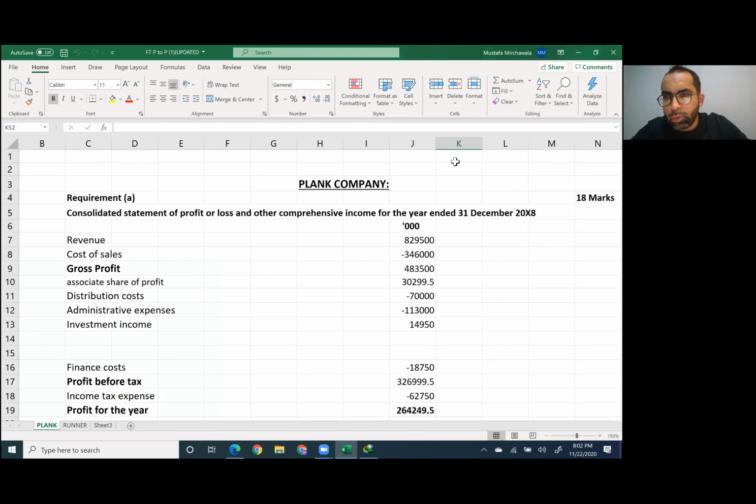Okay, just for the purpose of clarity, I am going to shut down my camera for a few minutes so that you will have a big picture of the Excel sheet.